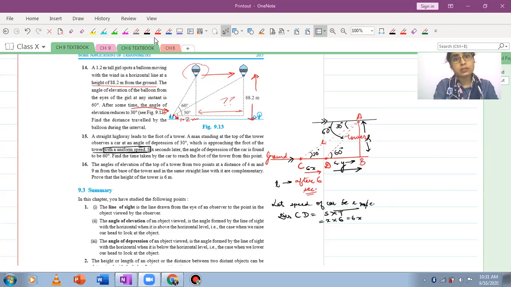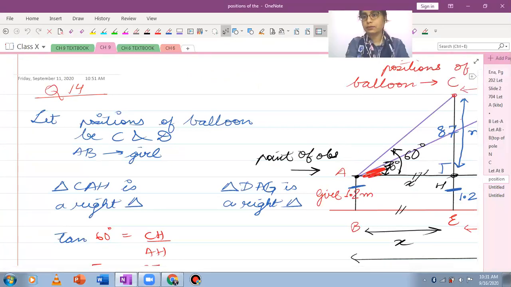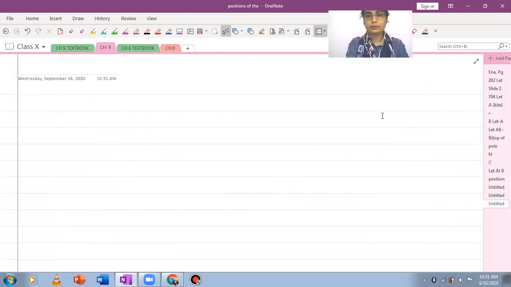I don't know why the strength is so less. I mean, like 37 students. Let's just draw a triangle.